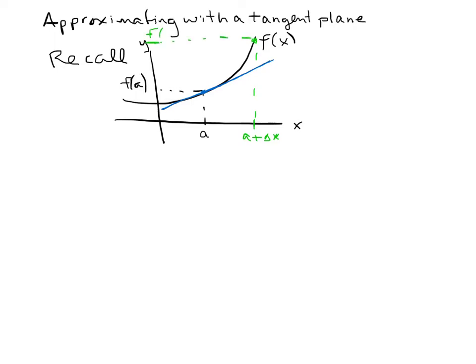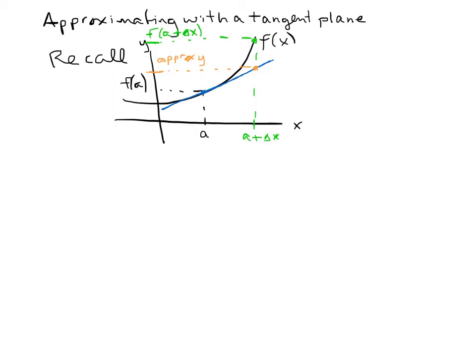We would find the actual value of the function at A plus delta x, if that were possible. But if it's not possible, then we could find the tangent line, and then we could use the tangent line. At that new value, we would go up to the tangent line, and because it's linear, the calculation is often doable by hand if the other one was not. So this would be our approximation for that function, our approximate y value.